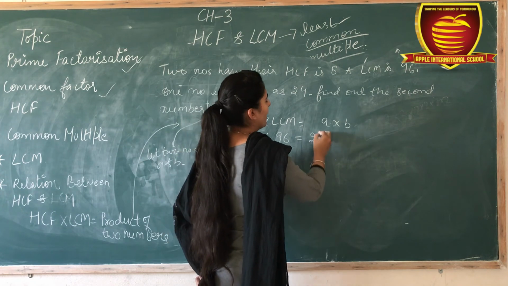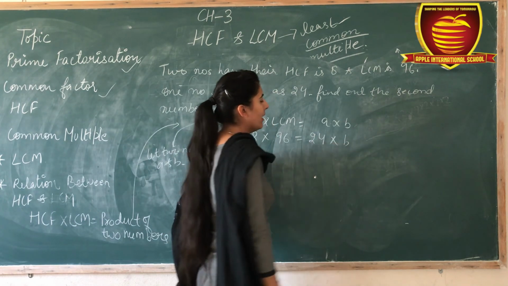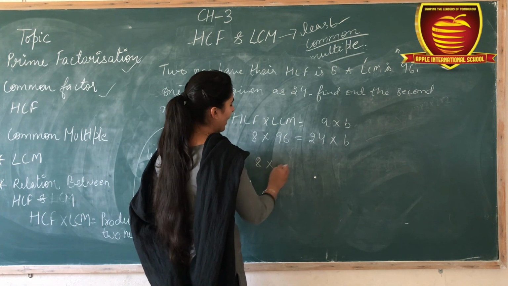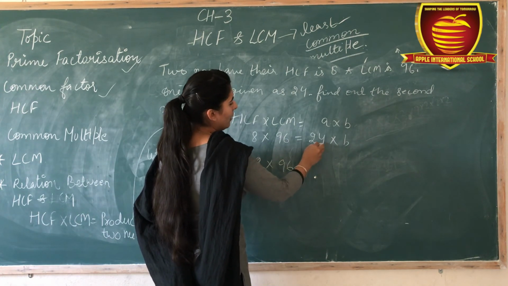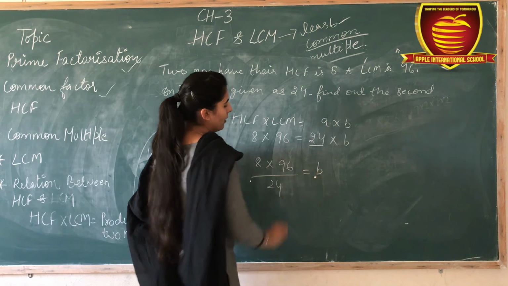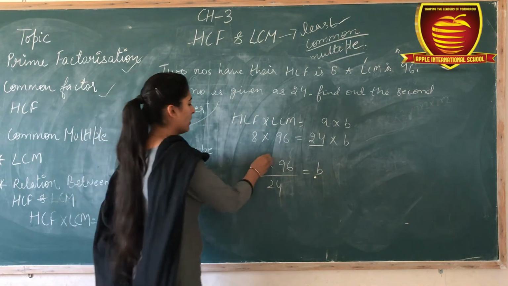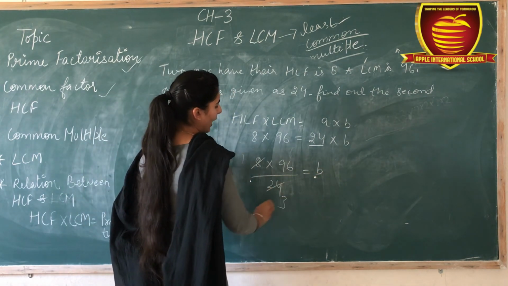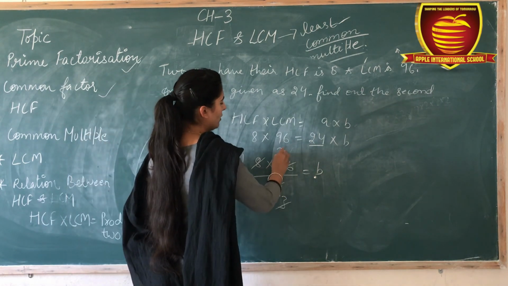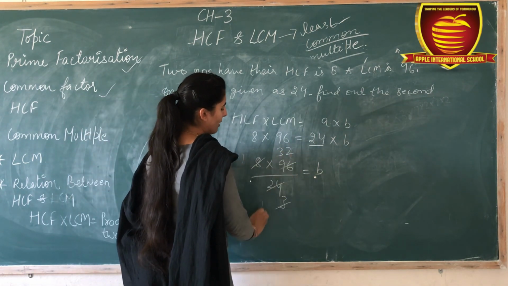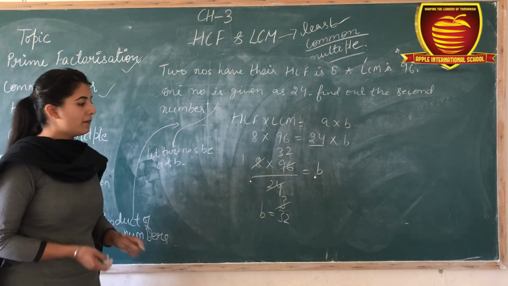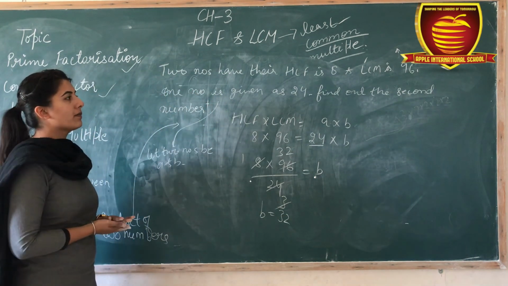Suppose A is given as 24 and we have to find B. Now 8 multiplied by 96 goes to the other side as a division. 8 3s are 24, 3 3s are 9 and 2, which means the second number is 32. Is it clear to all of you?